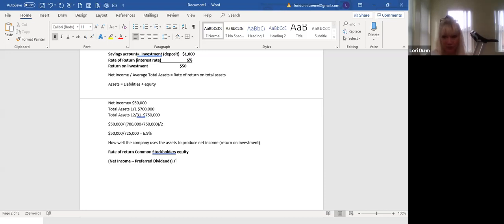There's no preferred stockholders. But I like to do this separately just in case there are, because the first thing we have to do is determine what is the return on investment? What is this amount that should be in our numerator for a common stockholder? What are we making for them?